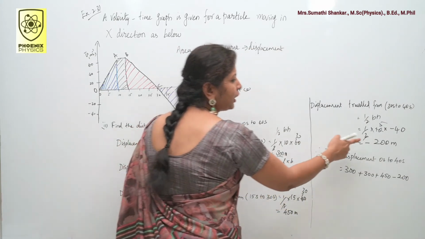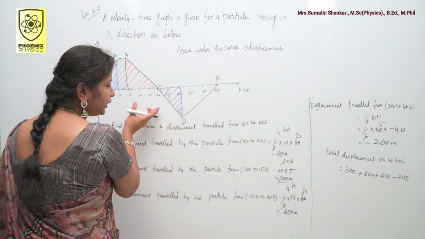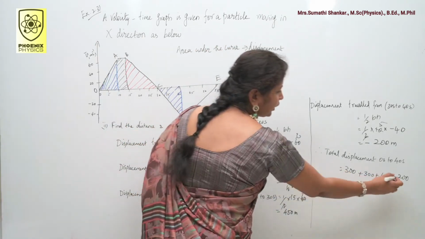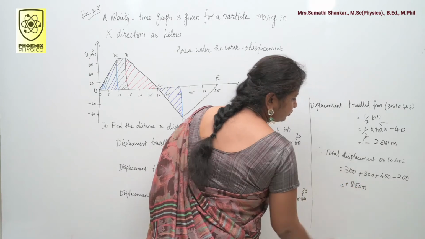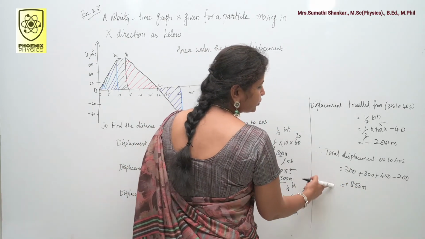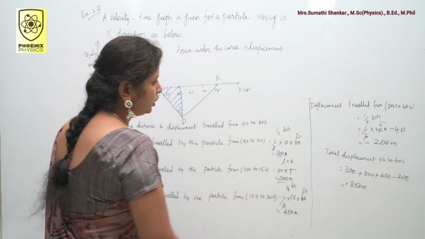Why did I mark the minus sign? Because this triangle is in the negative x direction. Your answer is 850 meter. Here plus 850 meter, right? So the net displacement is in the positive x direction.